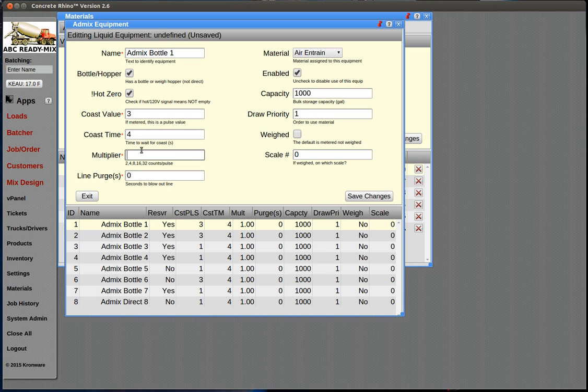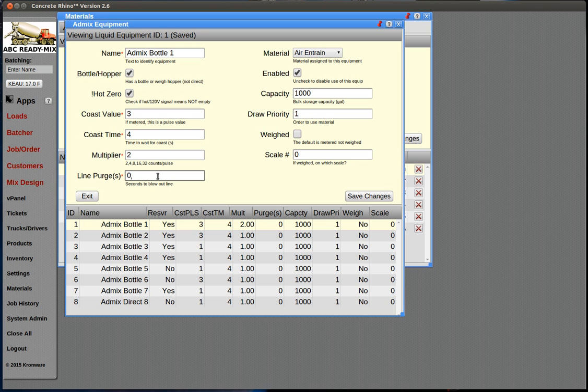Okay, so if an admixture is set up to count 2 ounces per pulse, the computer needs to know that for every pulse it counts, to multiply it by 2, and that is the number of ounces that's been delivered. Okay, for freezing conditions or whatever, lots of times you like to blow out the line and purge the line.